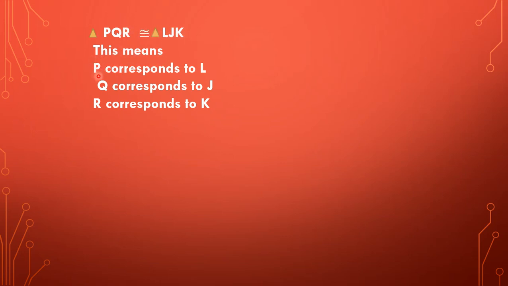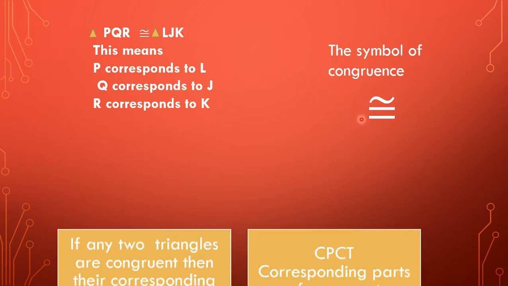This means P corresponds to L, Q corresponds to J, and R corresponds to K. And this is the symbol of congruence. Whenever we have to show that two figures are congruent, we place this sign, which shows that the figures or triangles are congruent.